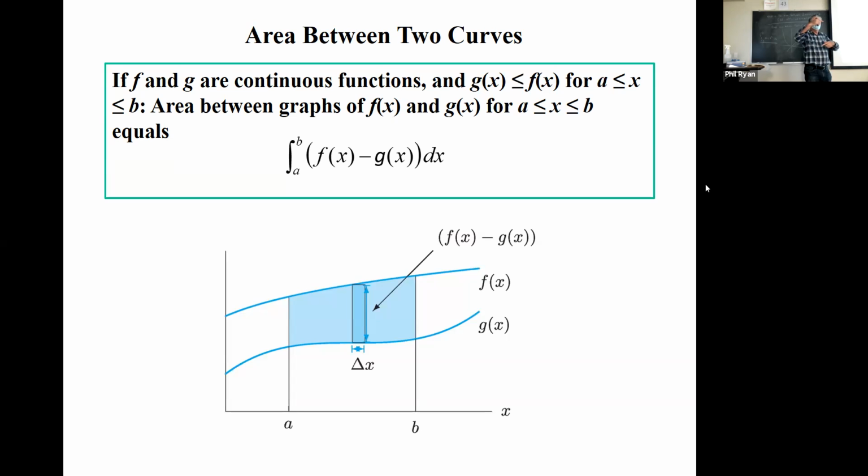So it's possible, and I showed you an example where it's possible for that to swap, in which case you'd have to break up the integrals into 2 parts, one where f was on top of g, and the other one where g was on top of f. Right? Because I'm asking for an area, I'm asking for a positive number.